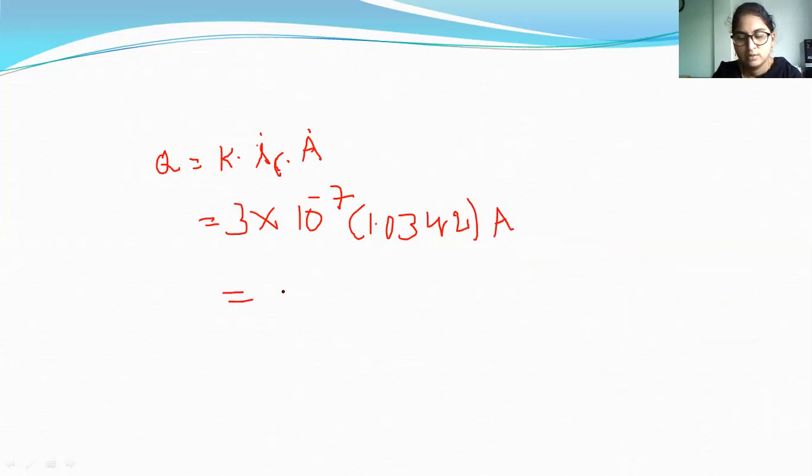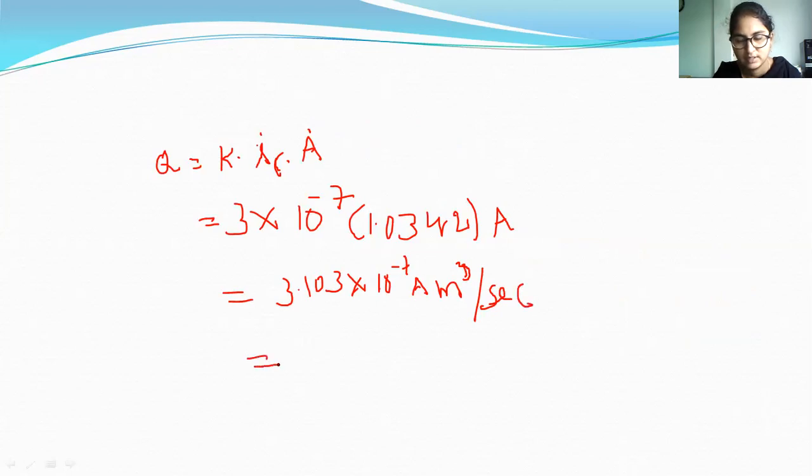That is equal to 3.103 into 10 to the power of minus 7 into A meter cube per second.